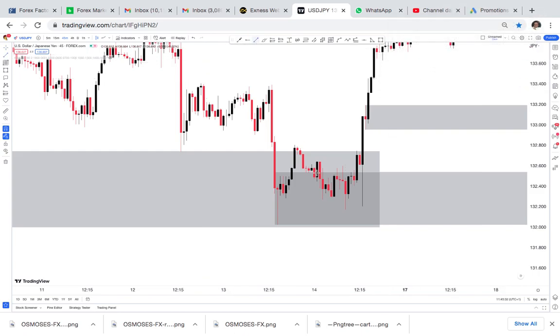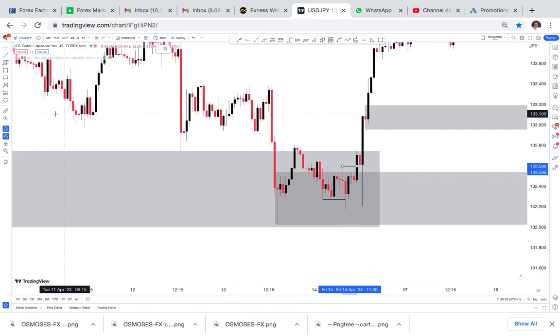We have this low being cleared, one, then this high being cleared, two, because this low cleared this low first before clearing this high, and price immediately came back to mitigate this guy.